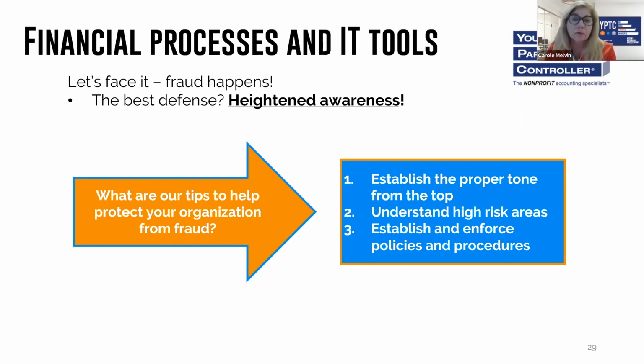There are some great samples on Charity Navigator, and the Council of Nonprofits has a great privacy policy. It should talk about what personal information is collected and how the organization may use that information.